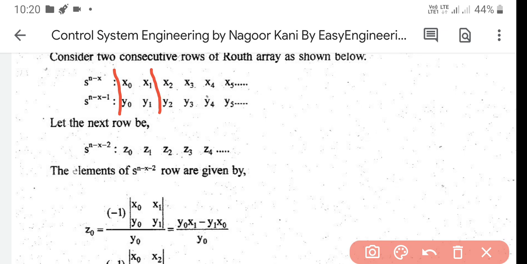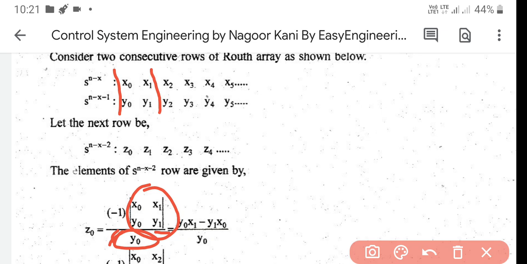This is the determinant. You have to divide it by the second row first element, which is considered in the denominator part, like this.